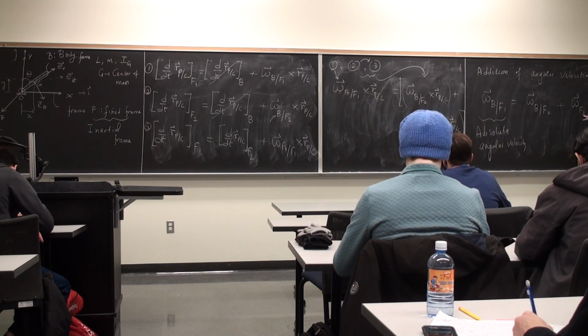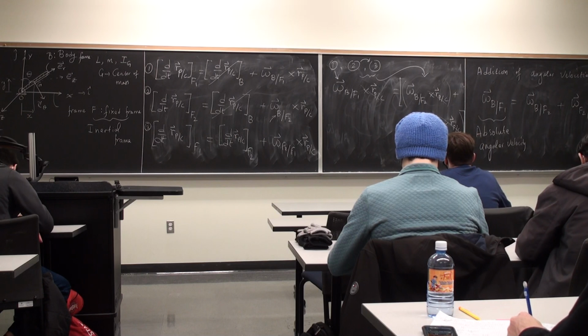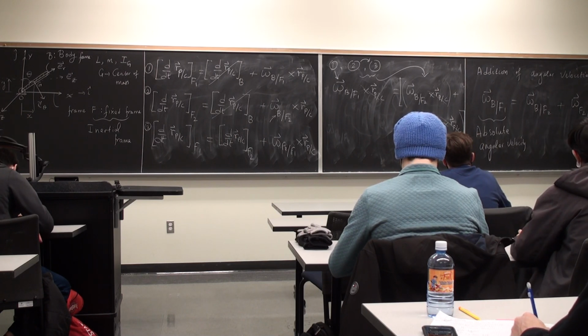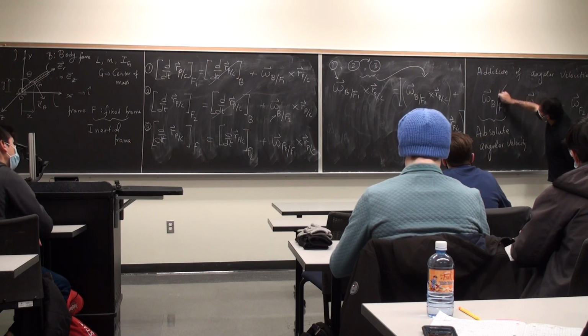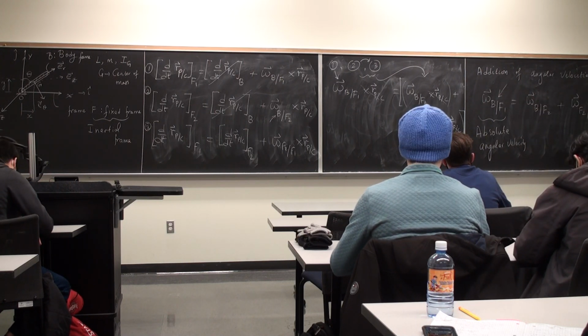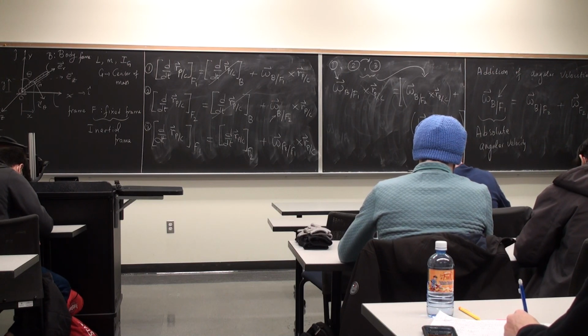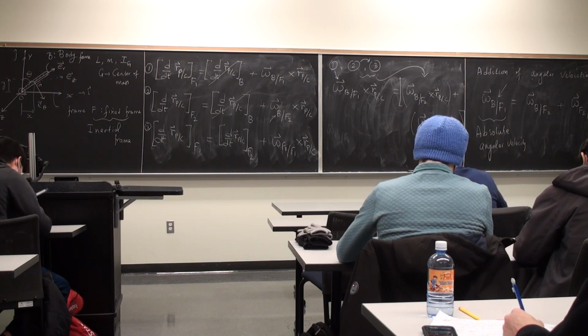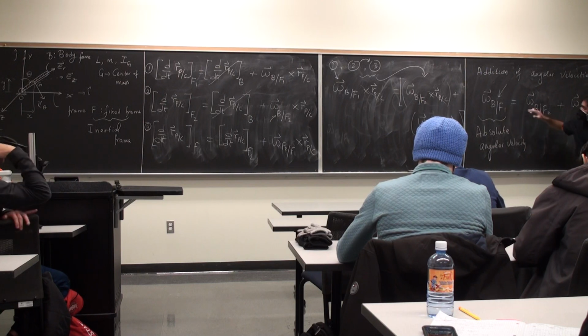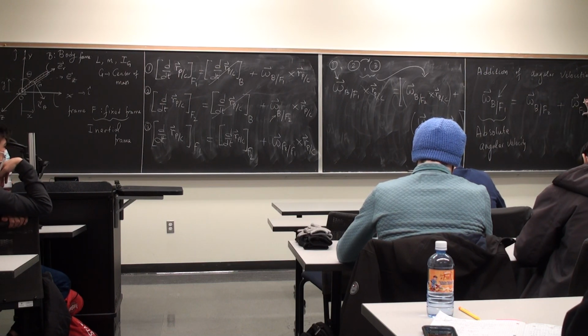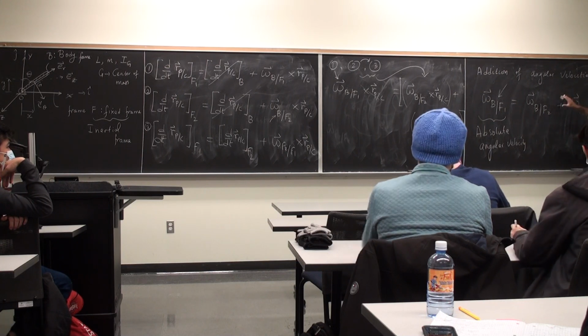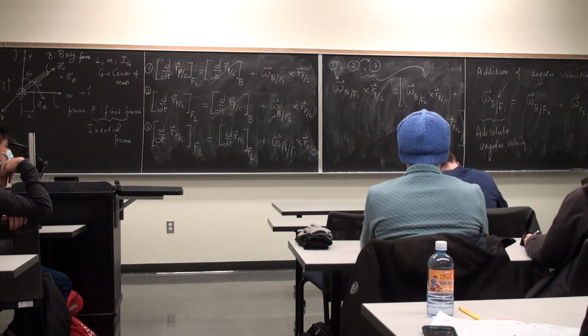This is angular velocity of F2 relative to F1, velocity of B relative to F2. In most problems, we want this creature, because all of our time derivatives are with respect to a fixed frame. But in many problems, you may not know this guy, you may know this piece, and you may know that piece, which goes back to your question. So if I know two of them, I can find the third one.